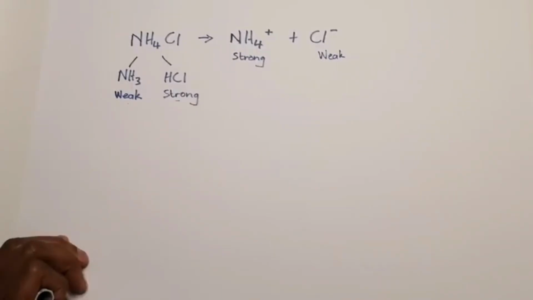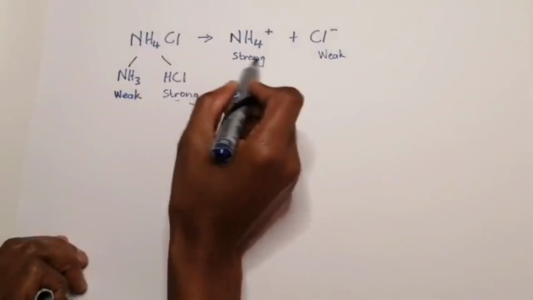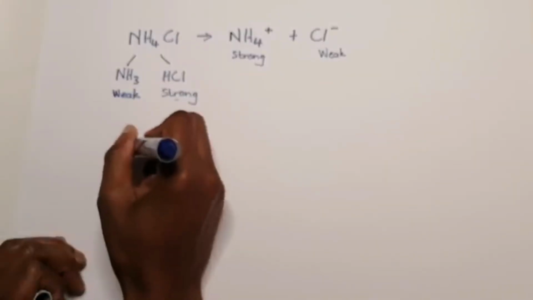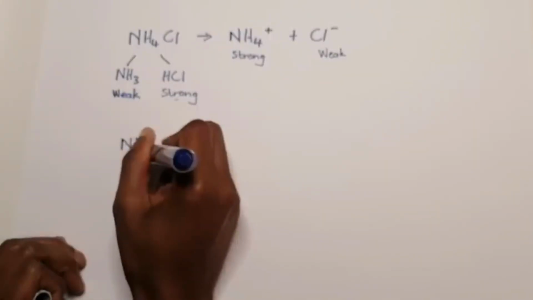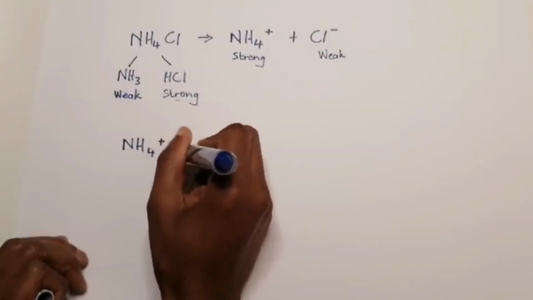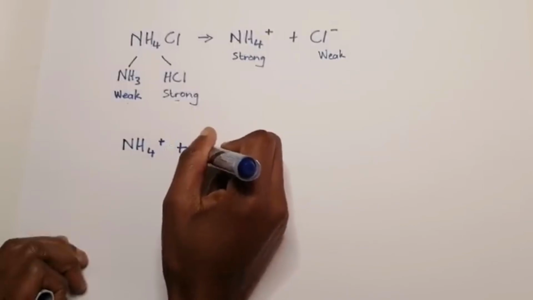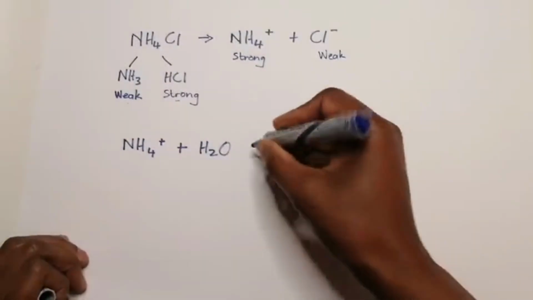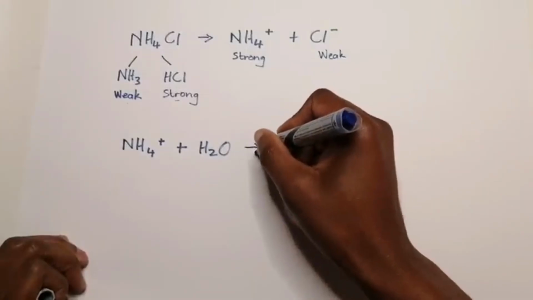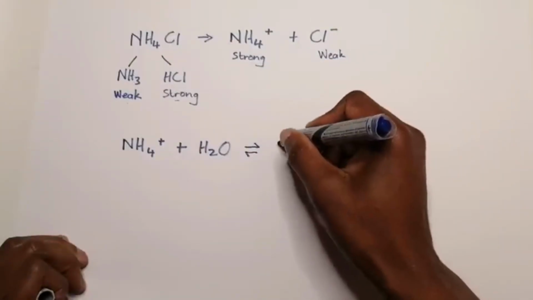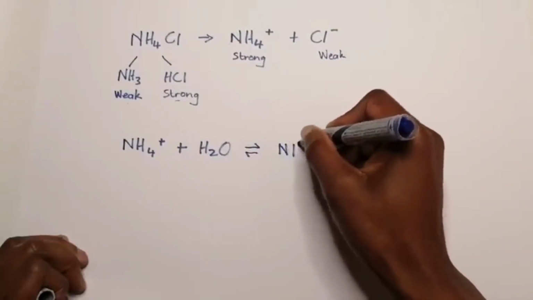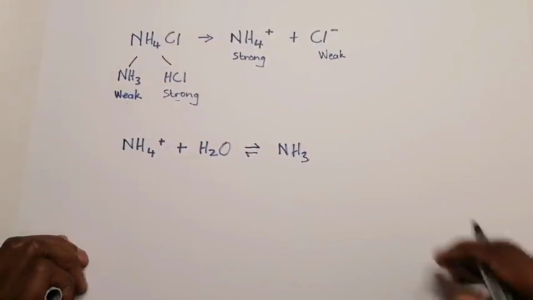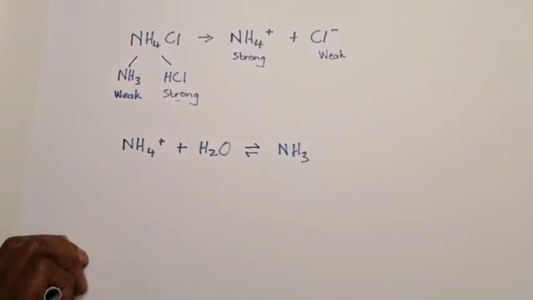Okay, now remember we said we take the strong conjugate and we react it with water. So I'm going to take NH4 plus, it's the one that's going to react with water, H2O, and what do we get? We will get NH3. Please note there's no NH5 plus. So what will form is NH3. What would have happened?